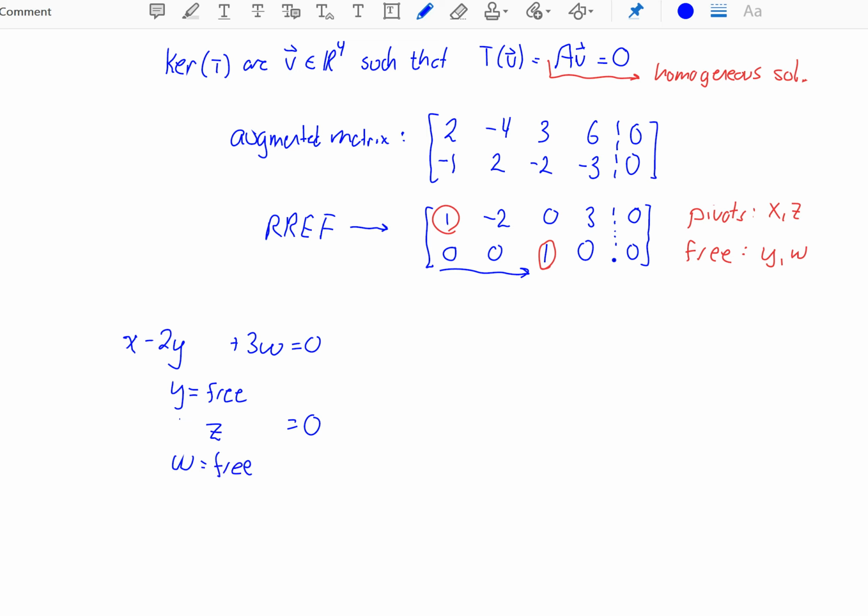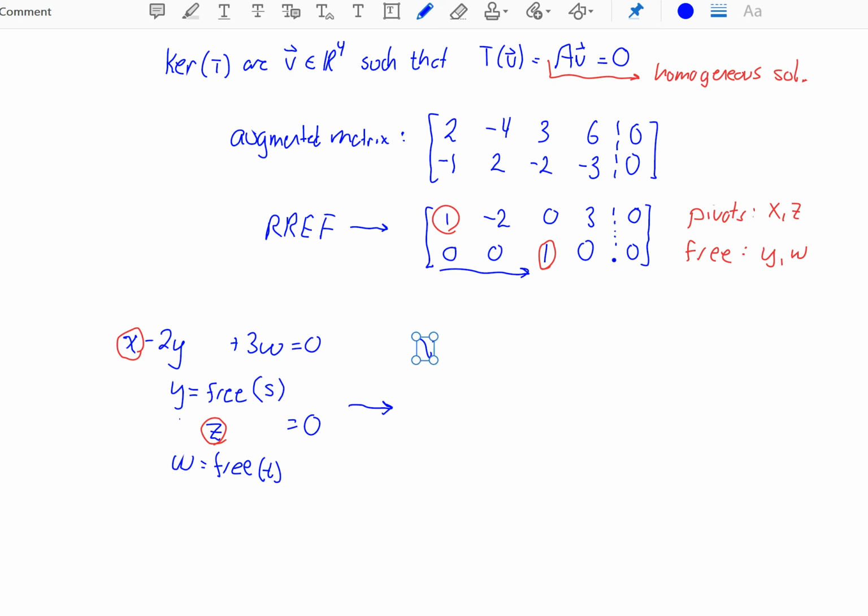And following our model of chapter 3, we'll introduce other variables to represent this. Maybe we'll let s be our y free variable and t be the w free variable. And now let's solve for our pivots in terms of our free. So remember, x was a pivot, z was a pivot. So let's move all our free variables to the right hand side and replace them with the corresponding free variables that we introduced.